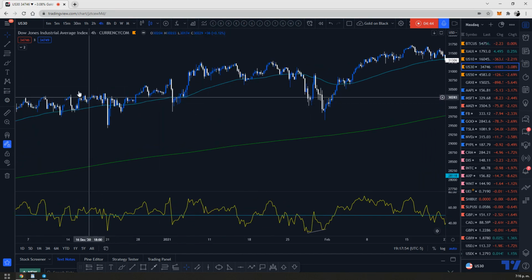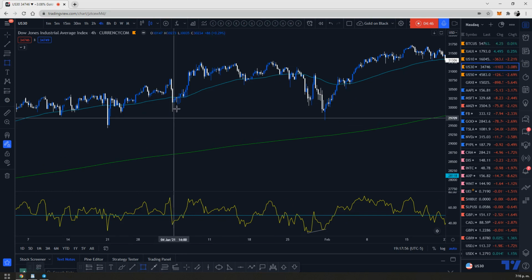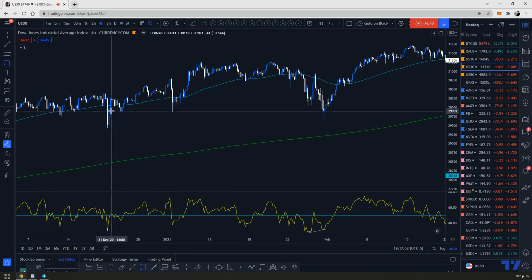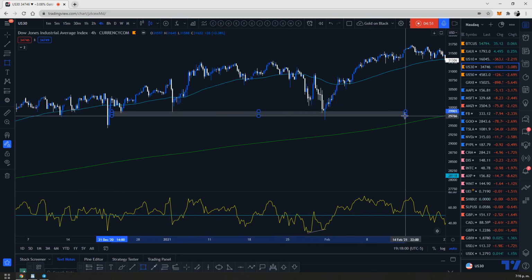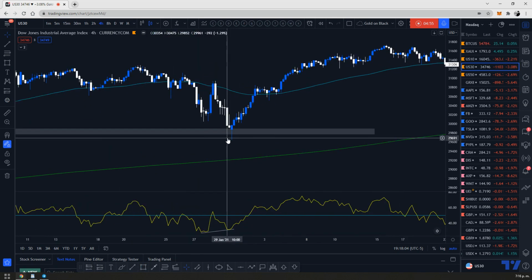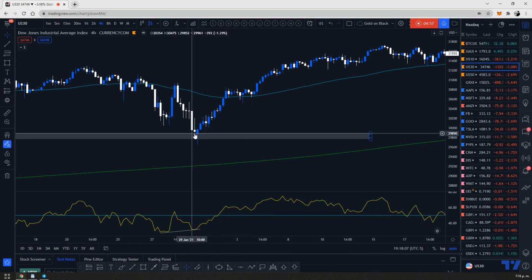You could say there was something here. The market did reach this zone, so you can even stretch it all the way here. Okay, so that's a nice zone right there. So you see that rejection, and you enter in the next candle.